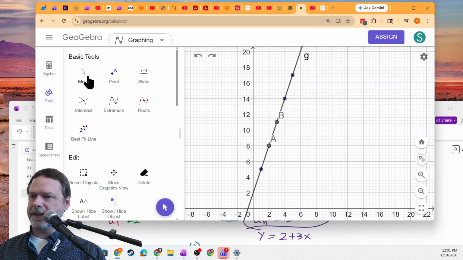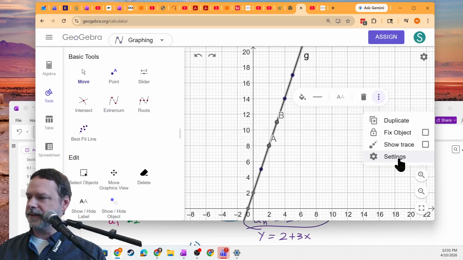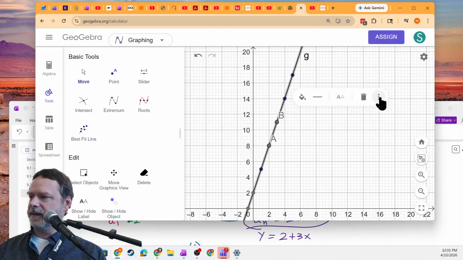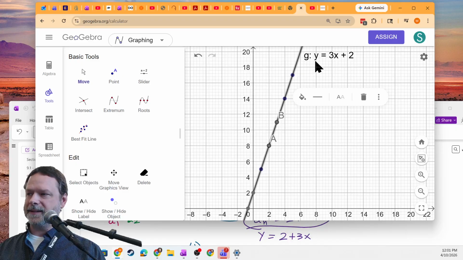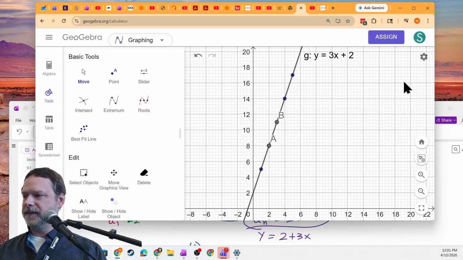I actually want to make sure I'm on the move tool now. I'm going to click on the line, click the 3 dots, go settings, go algebra, and say, hey, you know what? I want that equation in y equals mx plus b. And I want to show the value. Well, there we go. Y equals 3x plus 2. Or a sub n is 2 plus 3n. Bam. There it is. So that's it.